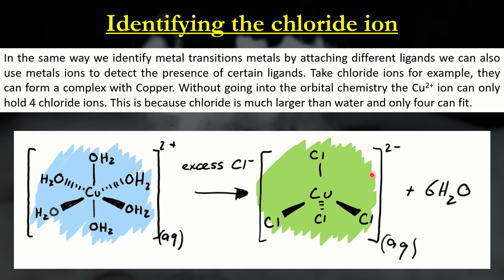So what we can see here is 2 different complex ions with very distinct colors. Knowing what those colors are for the different structures, we can work out not only the cation involved, we can also work out the anion that forms that particular ligand.